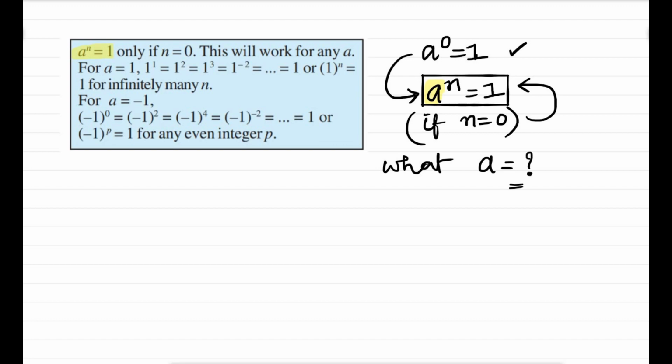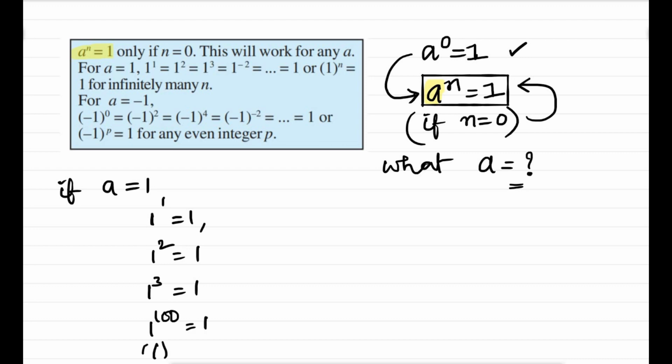Let us take a equal to 1. In that condition, 1 power 1 is equal to 1, 1 power 2 is equal to 1, 1 power 3 is equal to 1, and 1 power 100 is equal to 1. So we can generalize this as 1 power n is equal to 1. So 1 to the power of anything is 1 itself.